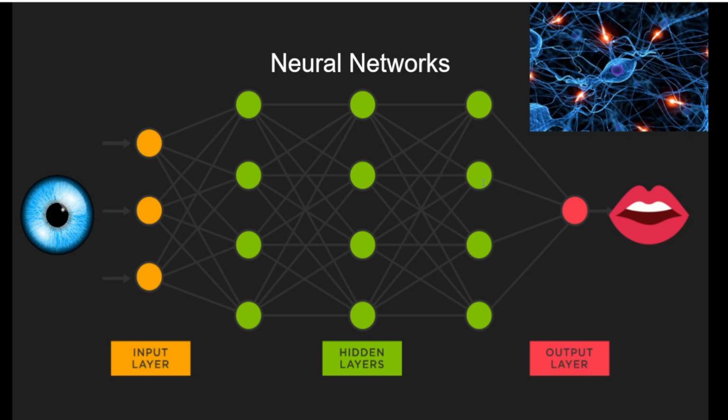So if we want to go back again to our example, let's say we want a machine that recognizes animals. So we show it a picture of an animal and we would like it to recognize the animal. So first we will show it in the input layer, the eyes, a picture of a dog. Then it goes through the hidden layers, which we can consider the brain. The signal is traveling between each and every neuron, thinking of what is the most correct answer we can give based on the knowledge, the data we have.